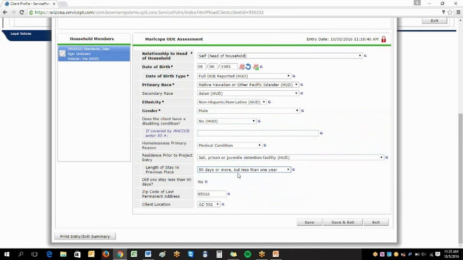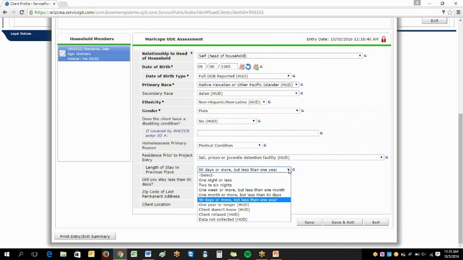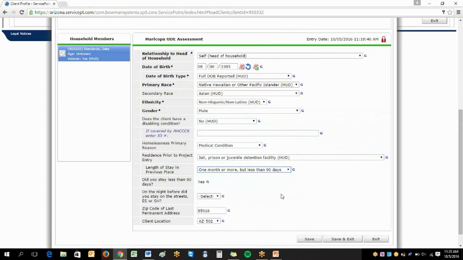Because he said he was in jail or prison for 90 days or more, the did you stay less than 90 days will automatically populate to no. If they were there less than 90 days, the question would then populate to yes, and then the night before entry, did they stay on the streets, emergency shelter, or safe haven?